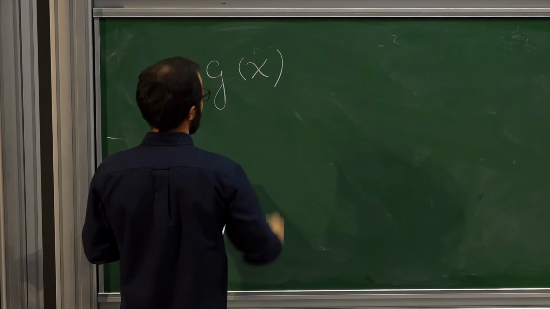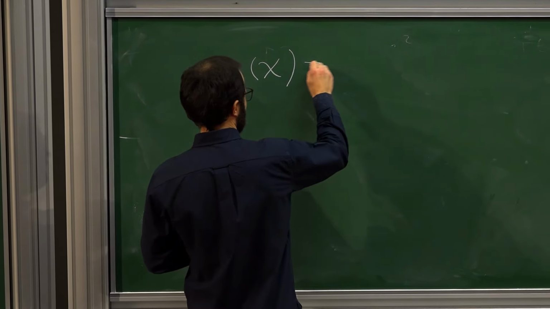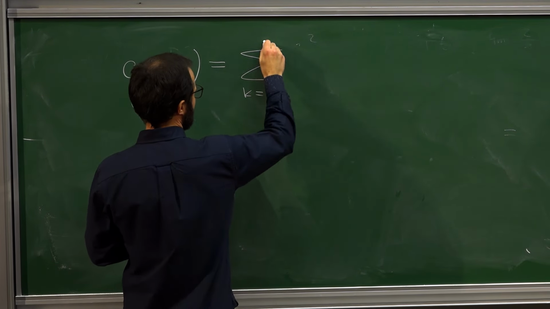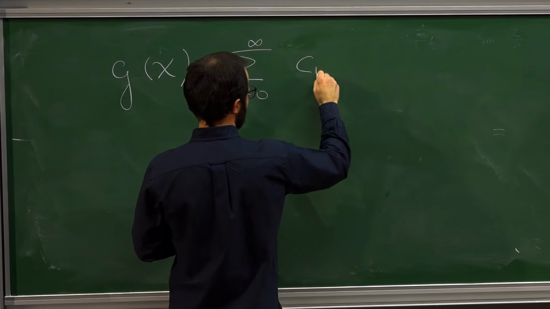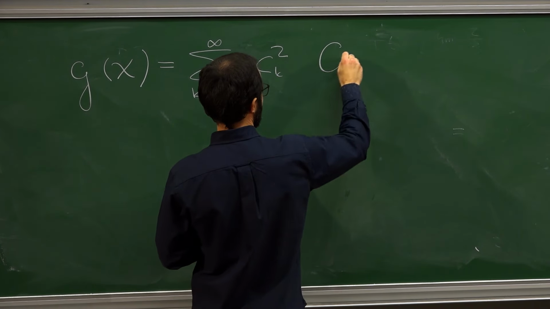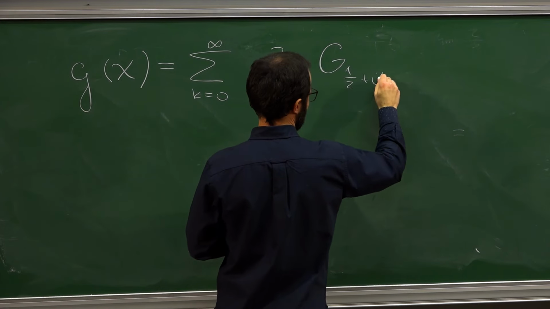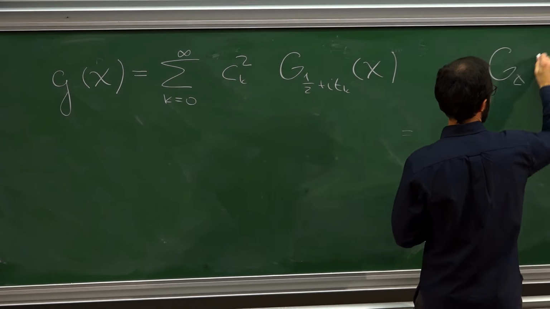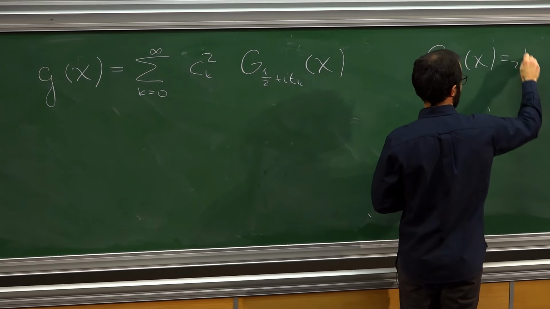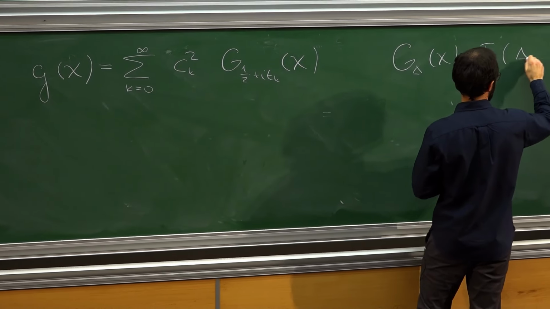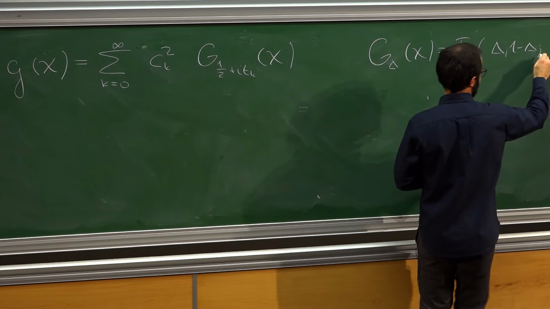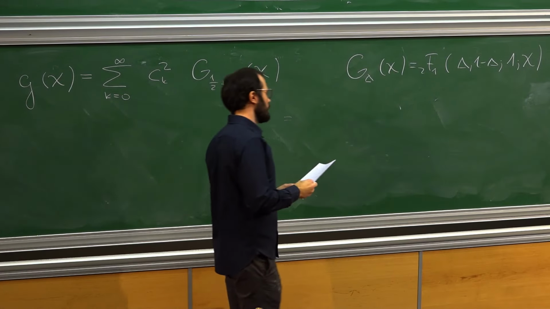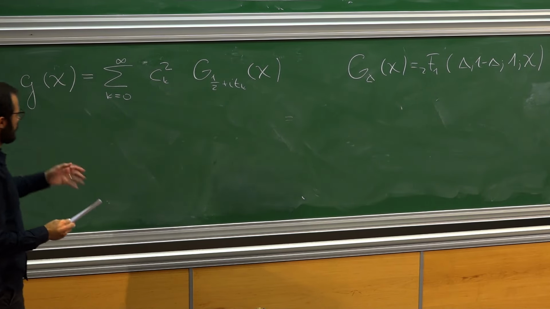You can define a 4-point function depending on the cross ratio chi, which is a sum from 0 to infinity of ck squared times a conformal block of chi. And this conformal block has a very simple formula. It's a hypergeometric 2F1 with arguments delta, 1 minus delta, and chi. So for the experts, this is the conformal partial wave in 1D CFT. It's a sum of a block and its shadow in some frame.